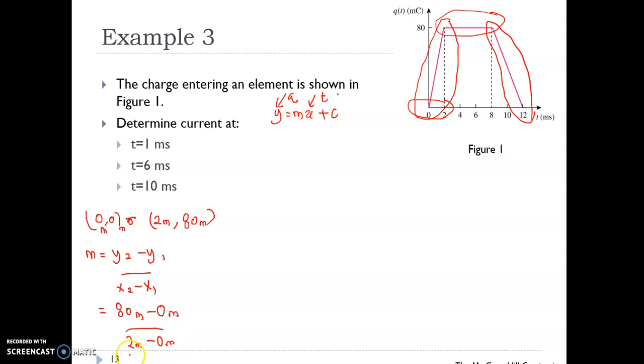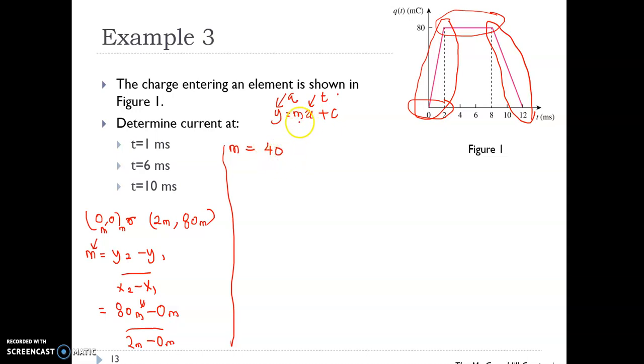Okay, this is equals to 80 over 2. This m is milli and this m is for slope. So bear in mind. So your m is equals to 80 over 2 is 40.